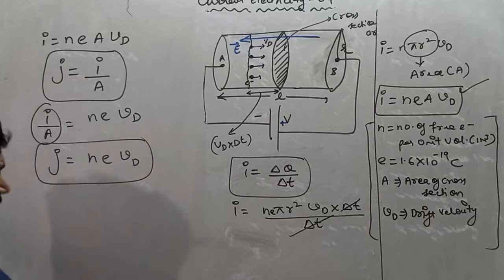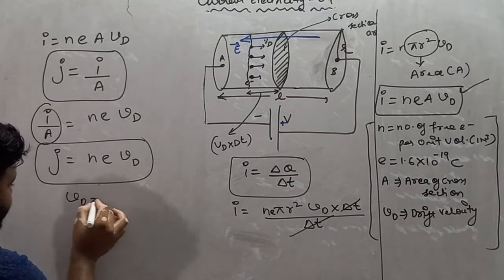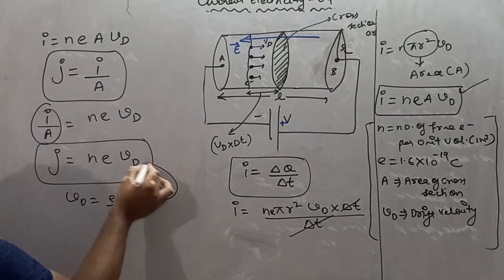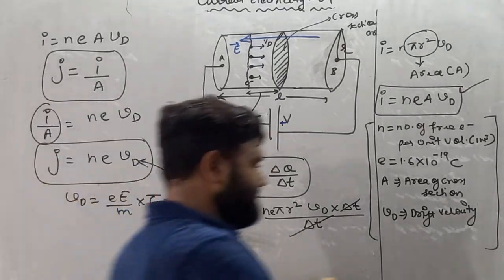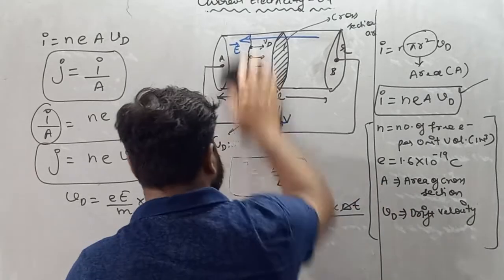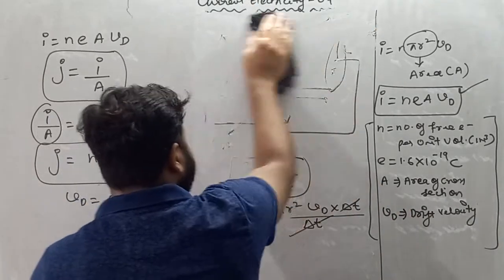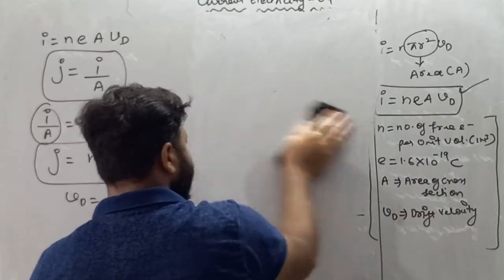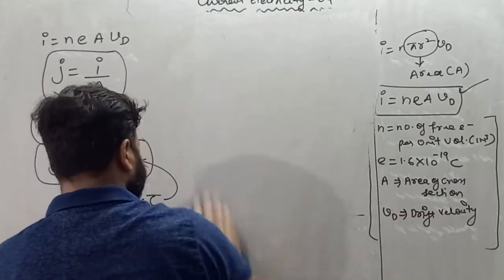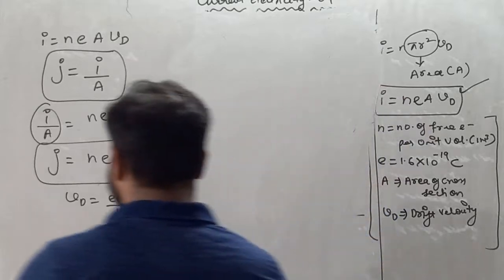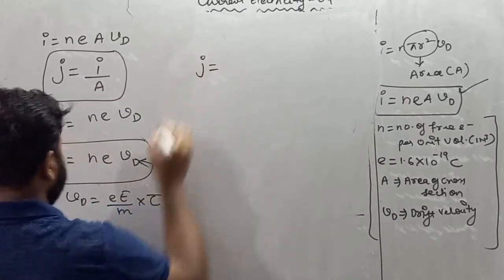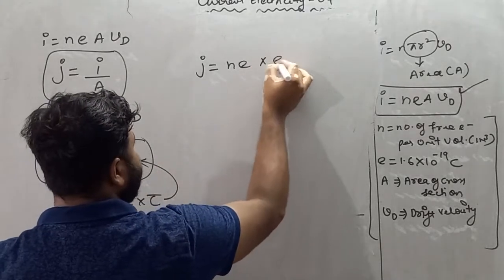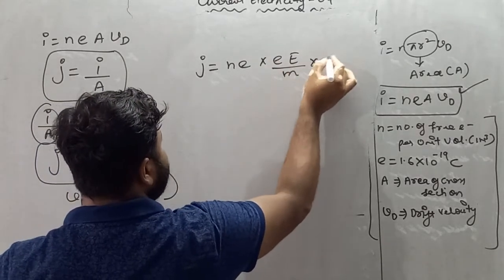Now check it out. We know that Vd is the drift velocity and it is eE by m into tau. Let's put the value of Vd in this equation. So we'll get a relation: J is equal to Ne, and instead of Vd, I'll write eE by m into tau.